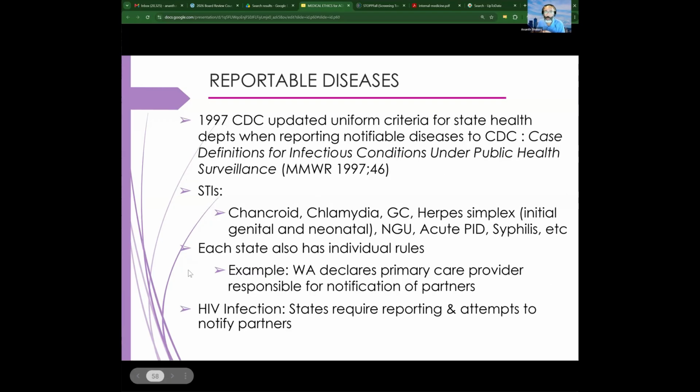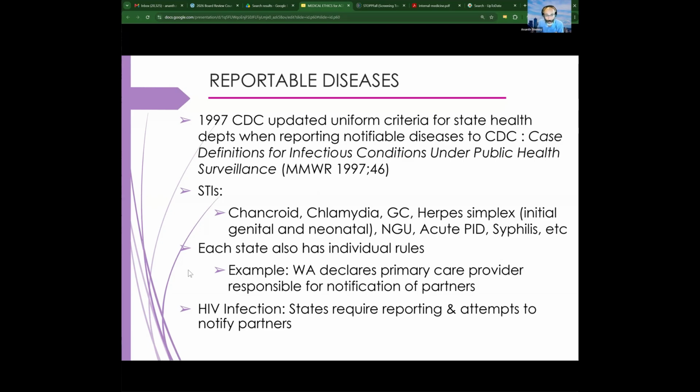Now, when we think about reportable diseases, there are continuously updated guidelines and lists of what are reportable illnesses. There are criteria for state health departments in terms of what needs to be done. Each state has individual rules about not only what is reportable, but also what the process is for reporting.